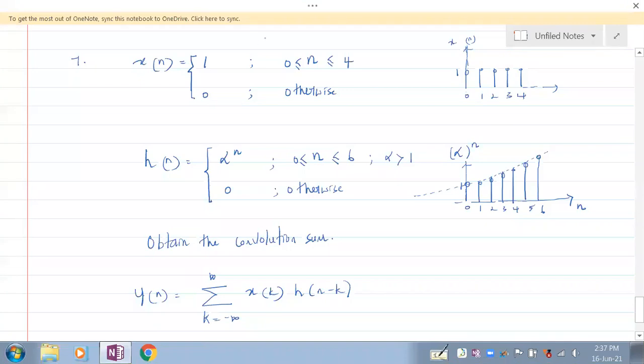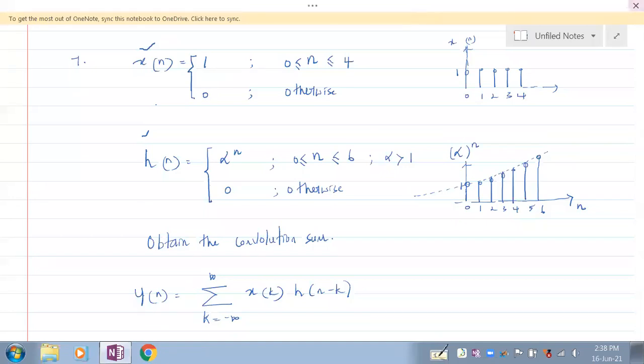Okay, in the problem that we are seeing now, we have been given two signals, or sequences we can call them. Fine, x of n is one sequence and h of n is another sequence that we've got. Now, both, see the range of these two signals, everybody.